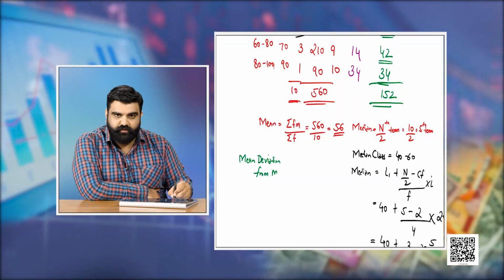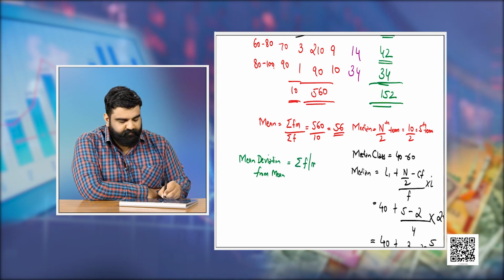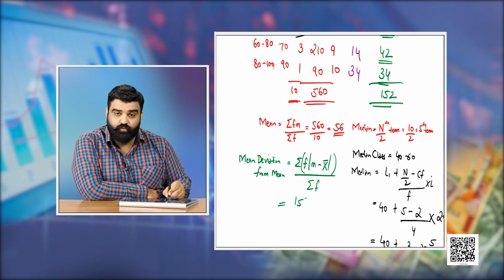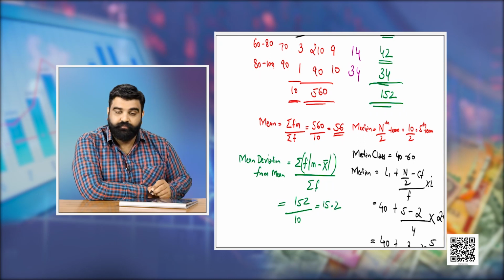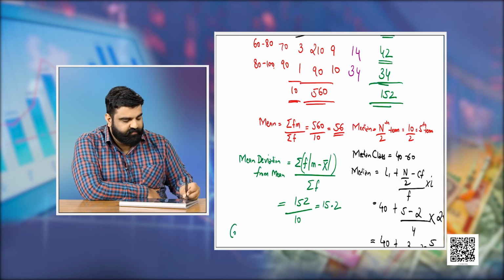Now, let us calculate the mean deviation from mean. So, the formula for this will be sigma f into m minus x bar, that is deviations from mean multiplied with the frequency, upon sigma f. So, this will be 152 by 10, that is 15.2. Let us also calculate the coefficient of mean deviation from mean.